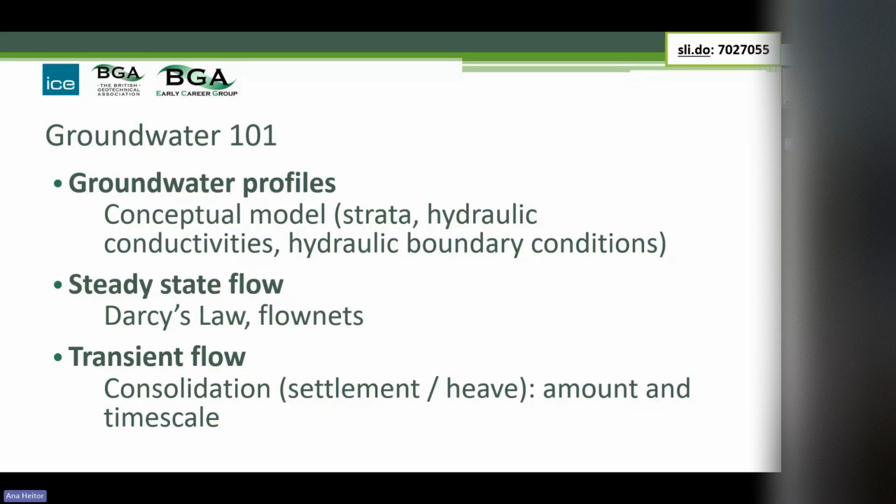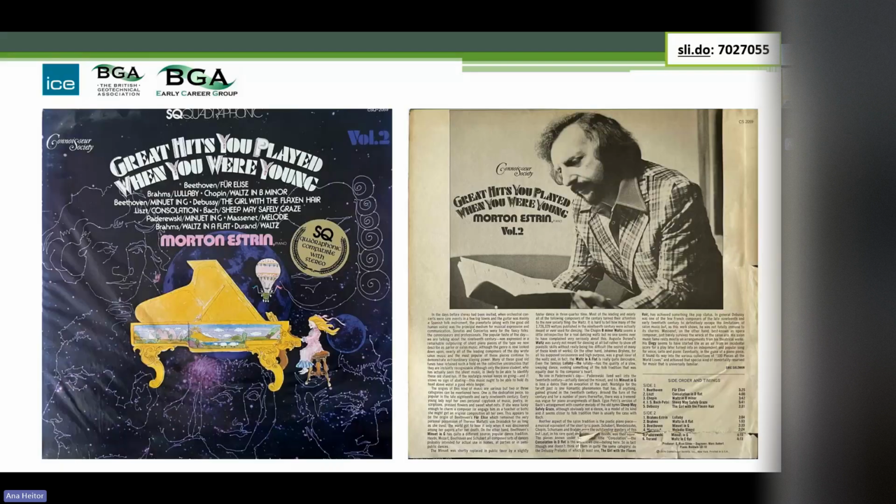So I'm not going to talk about Groundwater 101, but I am old enough to have vinyls, or records as we used to call them. Looking through the collection, I came across this, which is great hits you played when you were young. They are such things as Für Elise, Paderewski's Minuet, and so on.